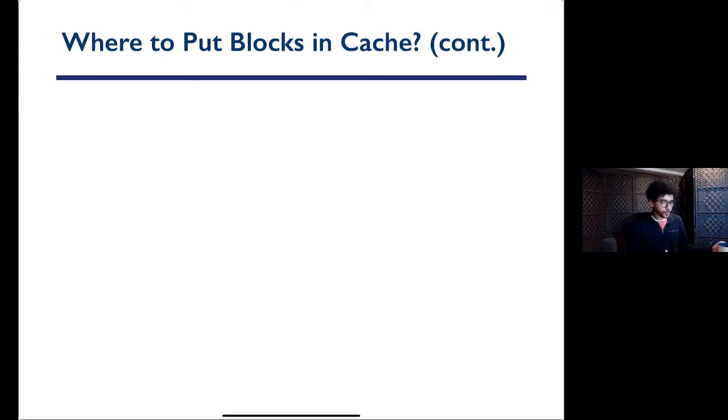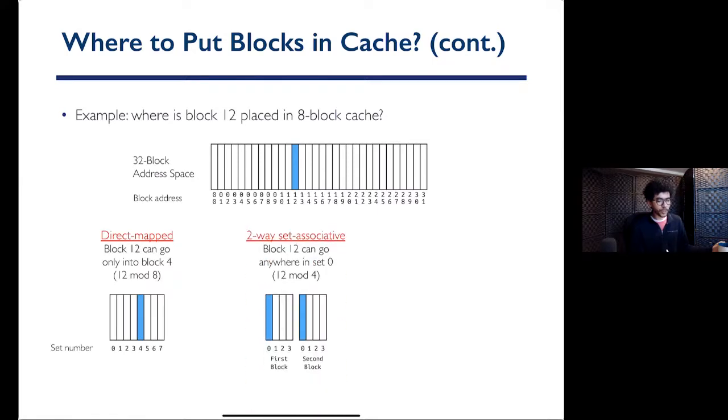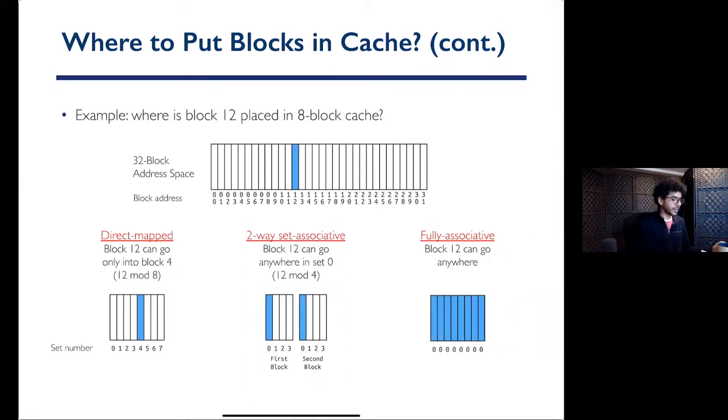Now, to put everything into perspective, we discussed this direct map cache and we discussed this fully associative cache. So this is my D12. So this is address 12. Now, as we saw with direct map cache, it could go to a single cache block, which is basically I'm going to take the mod of 12 by 8 because I have 8 sets.